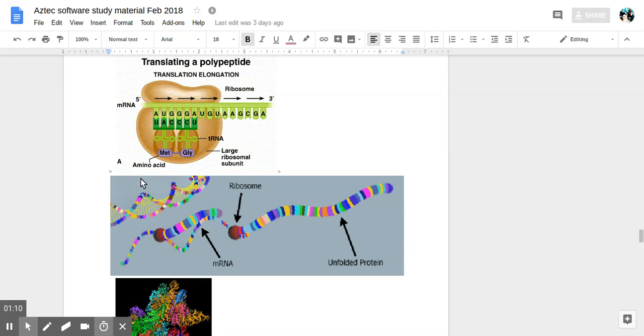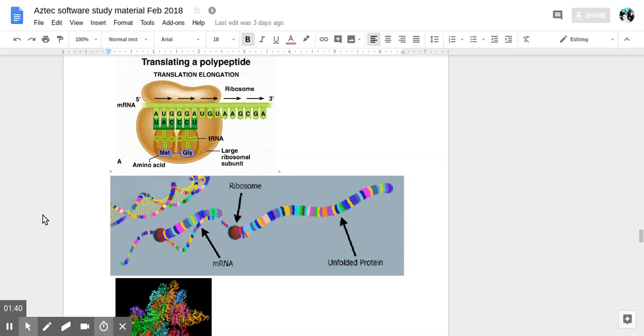Therefore, a particular protein will be synthesized off of that gene, which is that section of the original DNA sequence, which was transcribed into an mRNA chain in the nucleus. And that mRNA came out of the nucleus and bound itself to the ribosome in order to make a protein.